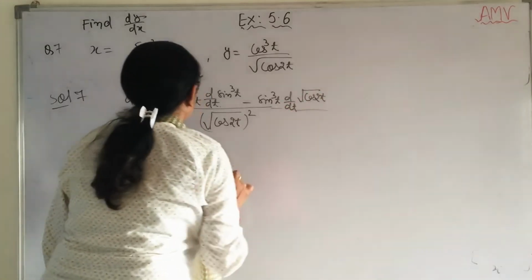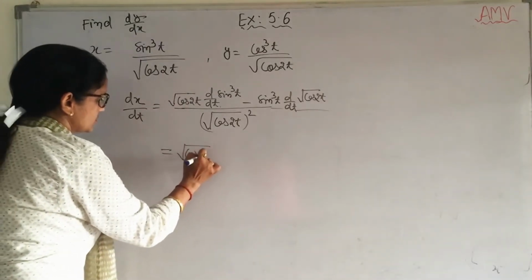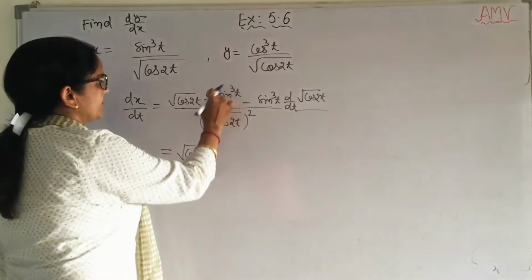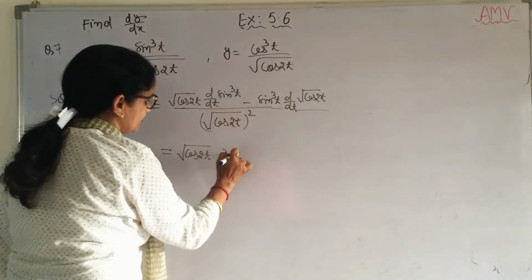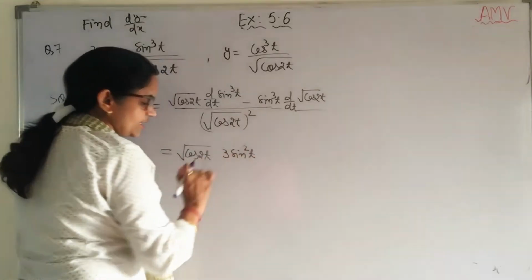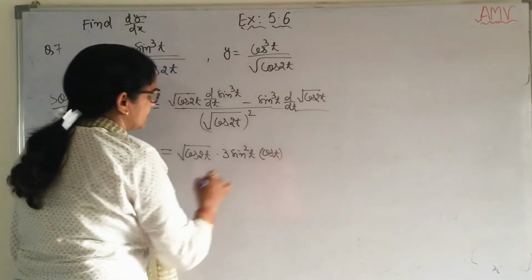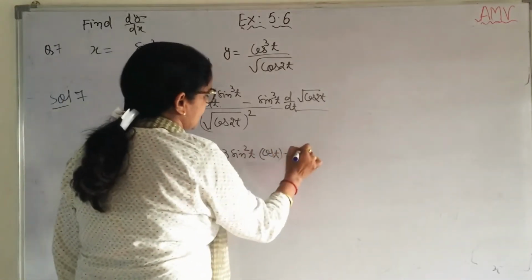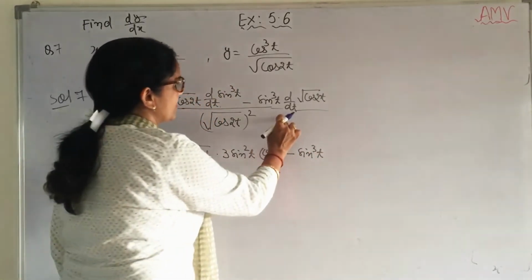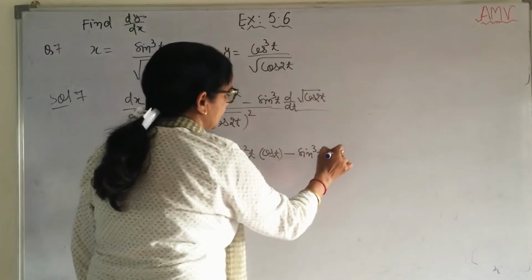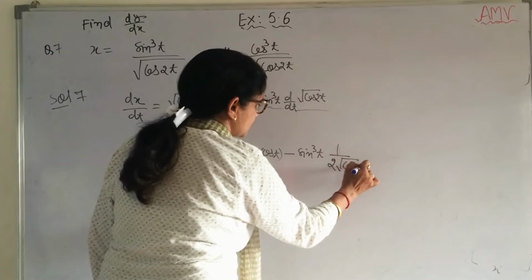Okay, and now solve it. It is under root cos 2t, and derivative of sin cube t with respect to t is 3 sin square t, and then derivative of sin t is cos t. Okay, minus, now sin cube t as it is, derivative of under root cos 2t is 1 by 2 under root cos 2t.